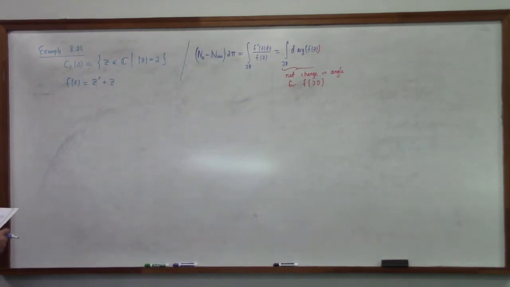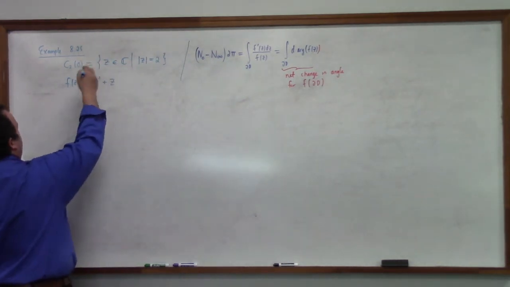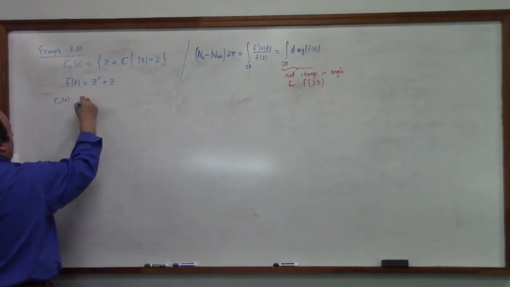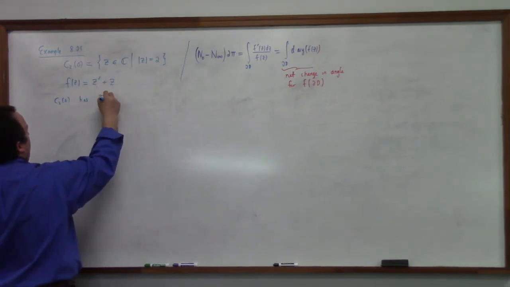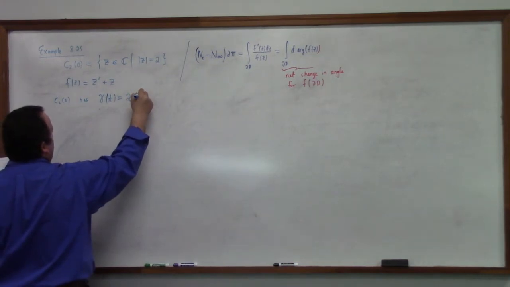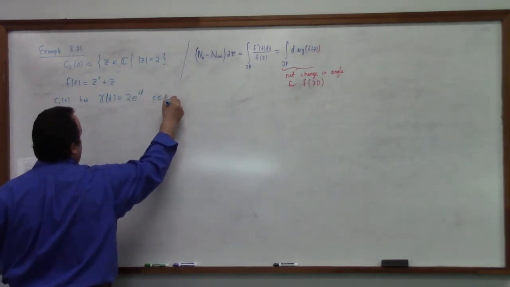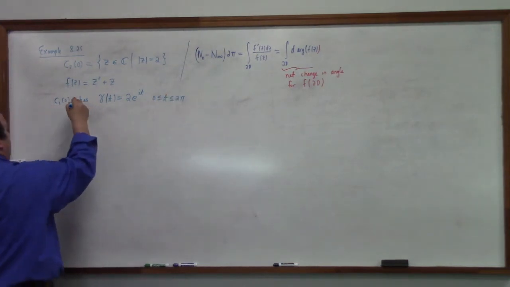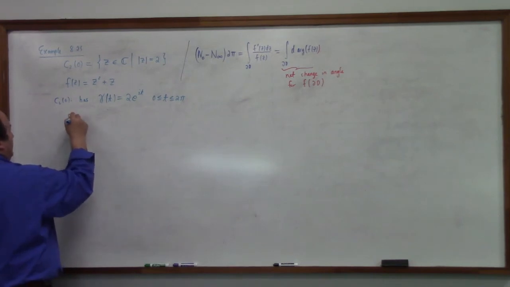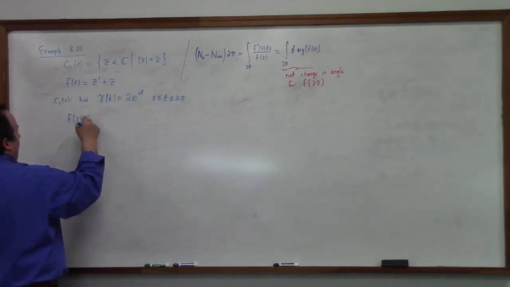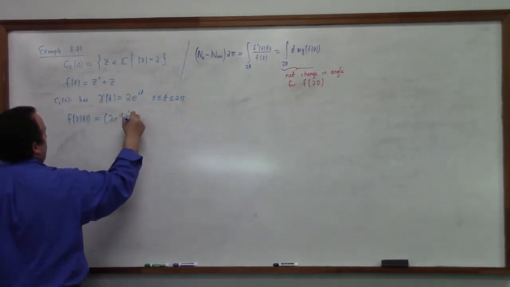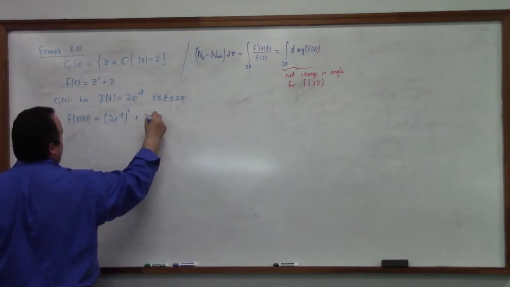So what's the parameterization of C2 of 0? Let's say gamma of t equals 2 e to the it, 0 less than or equal to t less than or equal to 2 pi. This is a parameterization of the curve, right? And then we can look at the image, f of gamma of t. What do we get? We get 2 e to the it squared plus 2 e to the it.